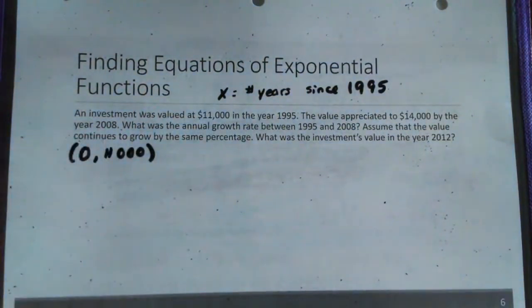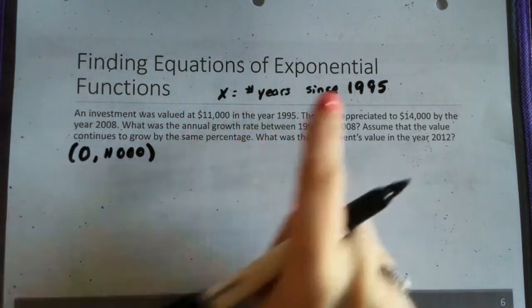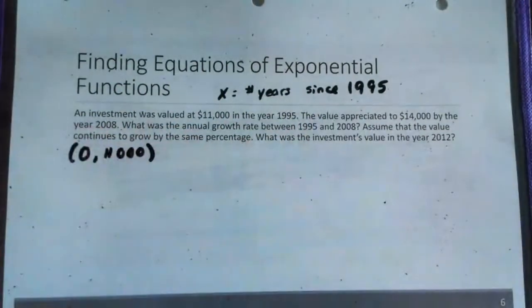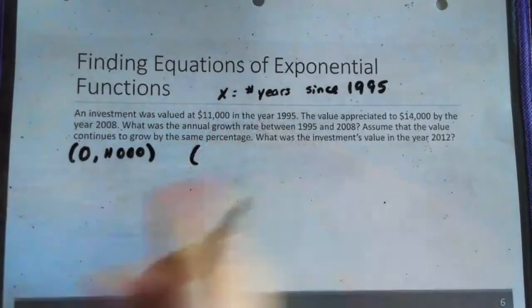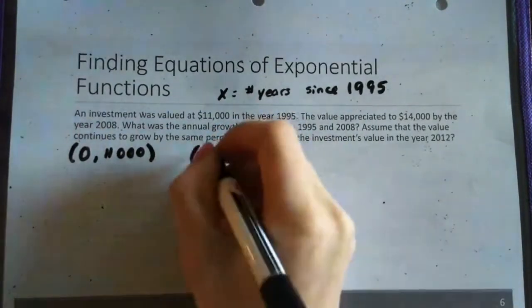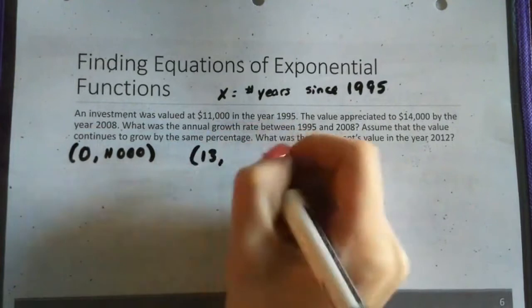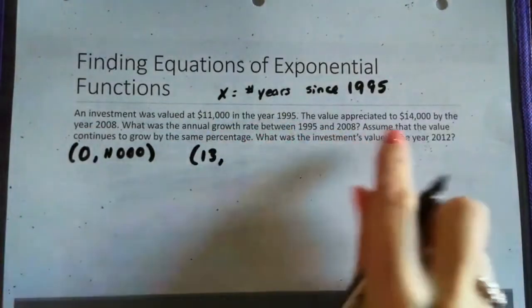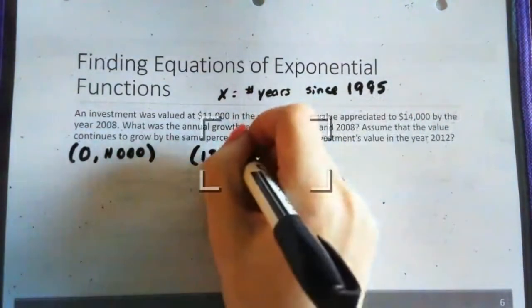In the year 2008, well, we have to figure out how many years after 1995 is 2008. Well, 2008 minus 1995, that's 13. And after 13 years, it is now equal to 14,000.